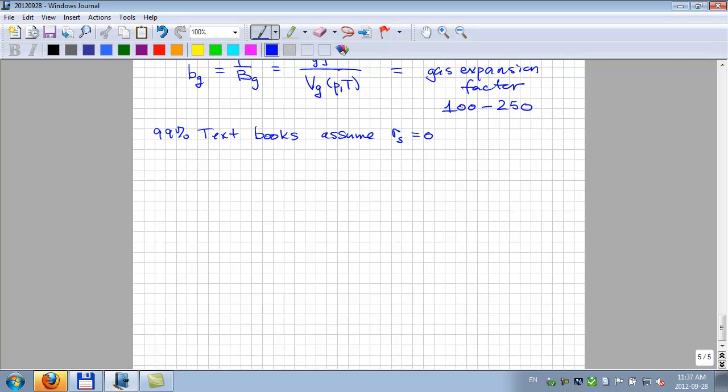And therefore, they give an equation for BG that we've looked at before based on that assumption that looks like this. And I'll just remind you, Z factor is a function of pressure and temperature. Okay? So this is what you'll find in 99% of the textbooks.